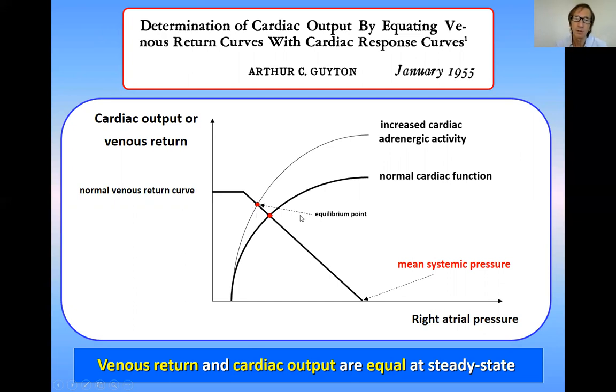And therefore there is a movement of the equilibrium point to this here, with a higher cardiac output but also a lower right atrial pressure. And this is beneficial, of course. But if you have a decreased cardiac contractility with no change in the venous return curve, you should have a movement of the equilibrium point to this point now, with a lower cardiac output and a higher right atrial pressure.